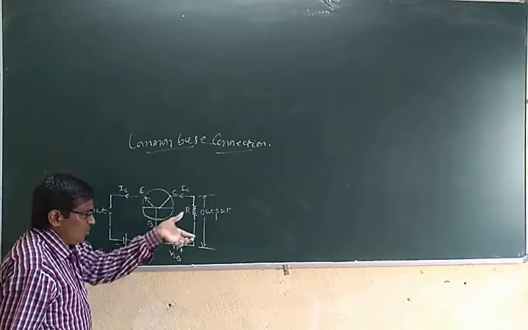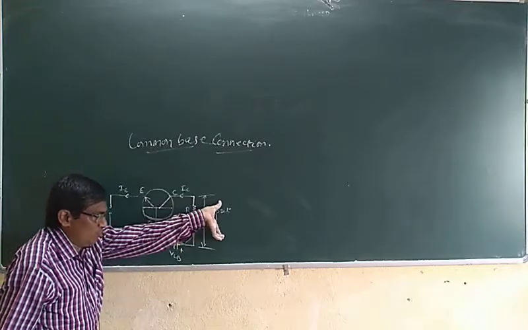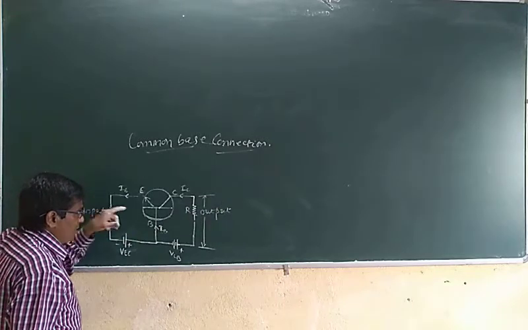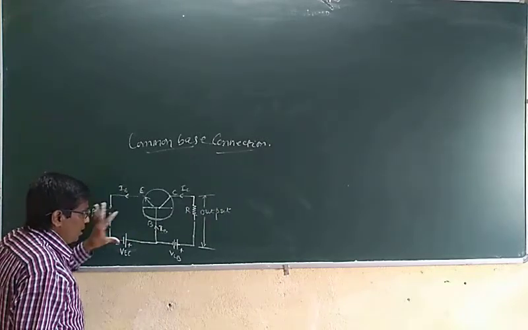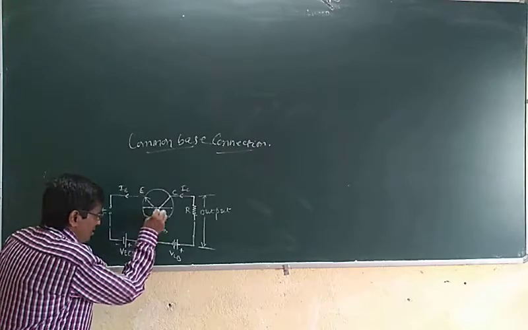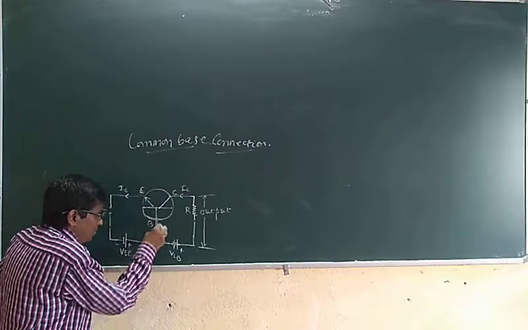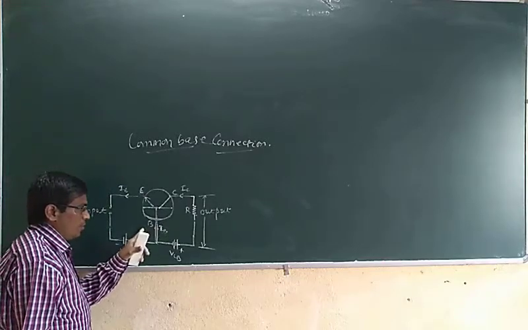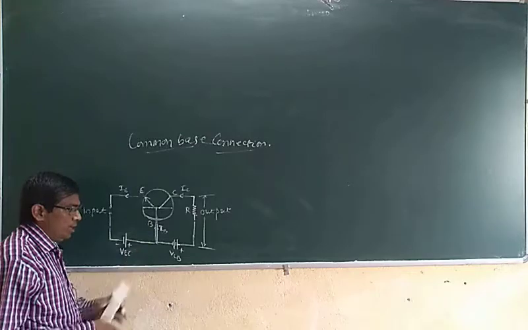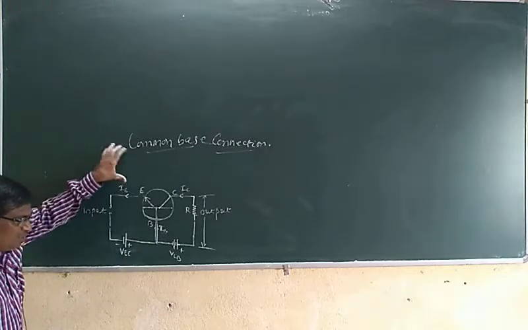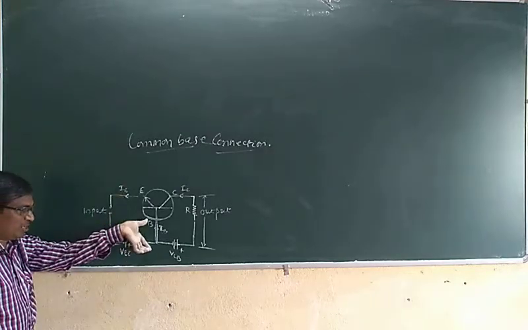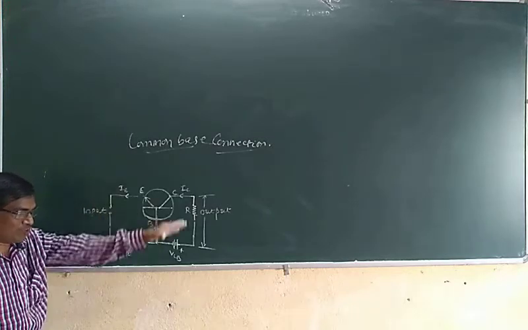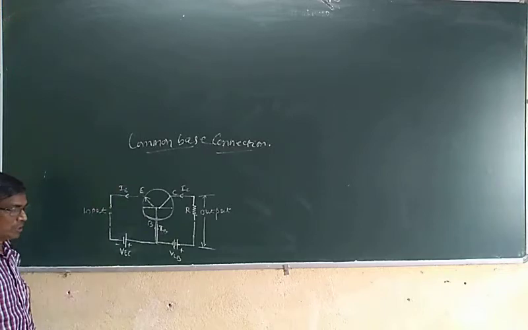Here, this base terminal is common for both input and output side. Now, in this connection, the base is common for both input and output. This type of connection is known as common base connection.